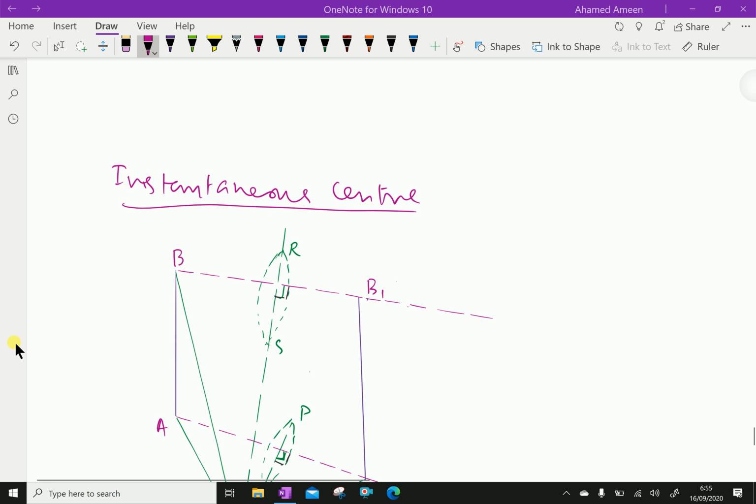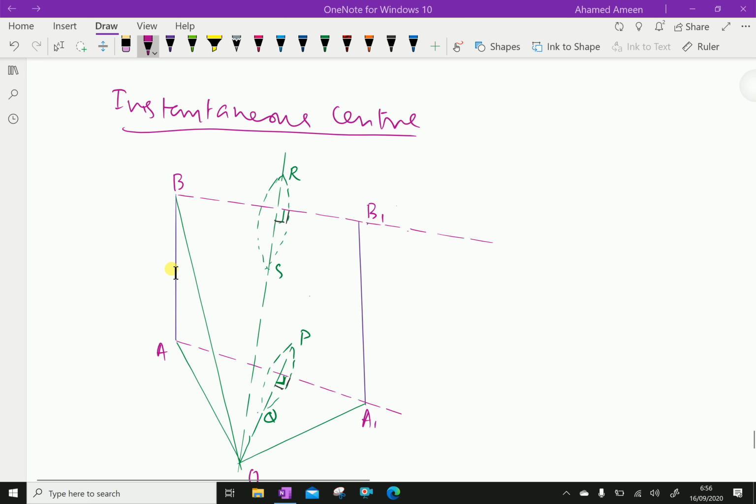Consider the motion of a link AB from AB to A1 B1. Here we have to combine the motion of rotation and the motion of translation: AB translates to A1 B1 as well as rotates.